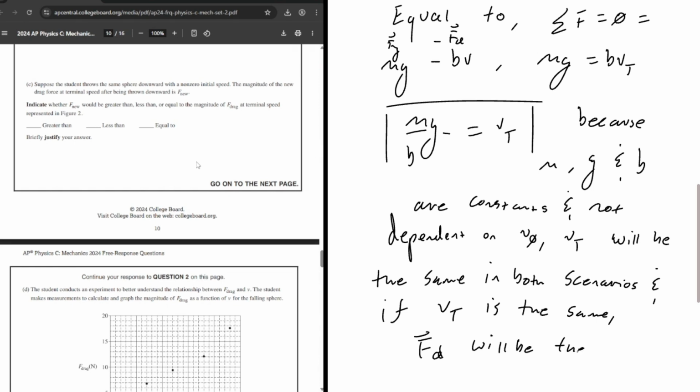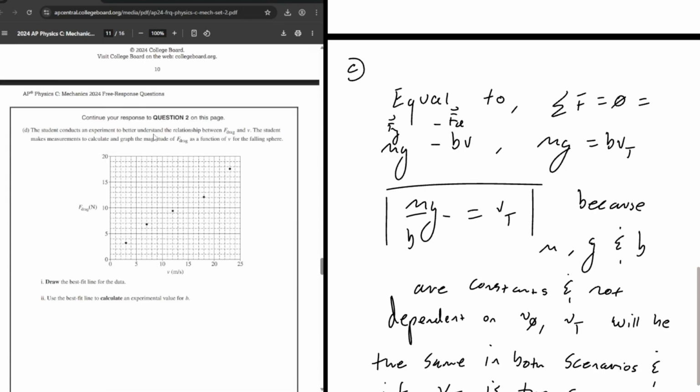Therefore, F nu equals Fd. Does that make sense? Because the terminal velocities will be the same, the maximum drag force will be the same. Wow, I am running out of space.